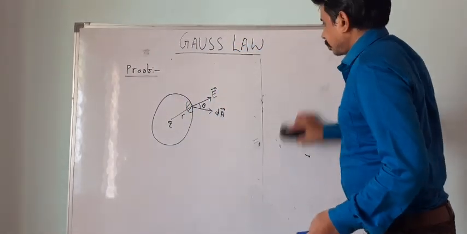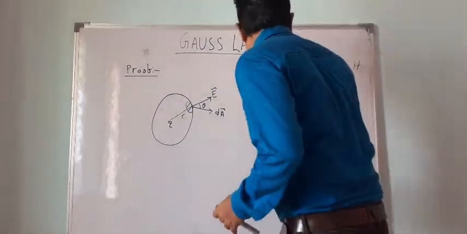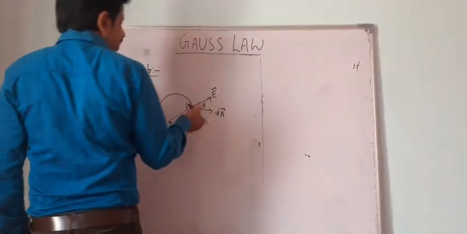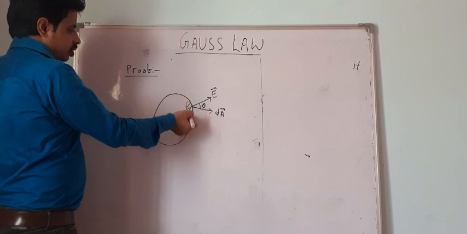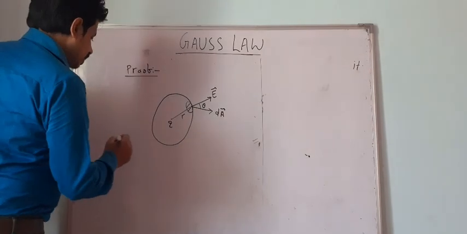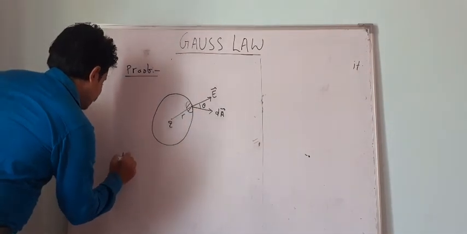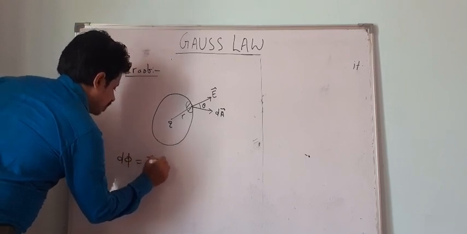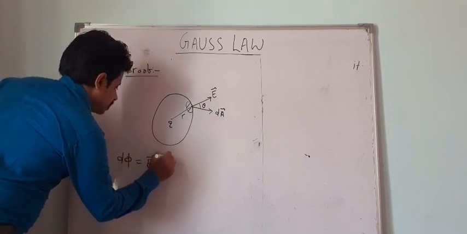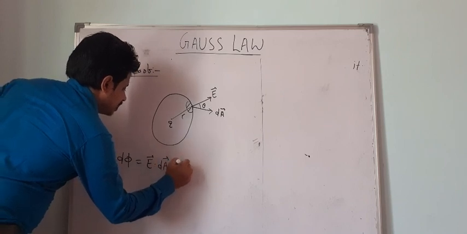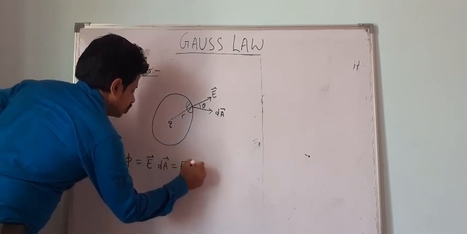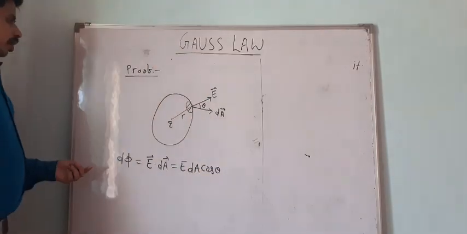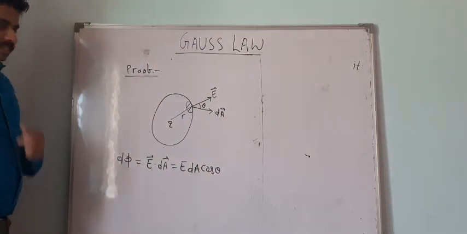So according to the definition, if d phi is the flux associated through this small area dA, then first of all we can write that d phi must be equals to E dot dA, that is E into dA into cos theta. We can write like this.